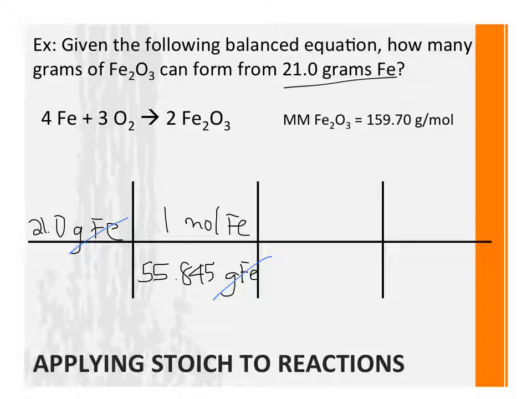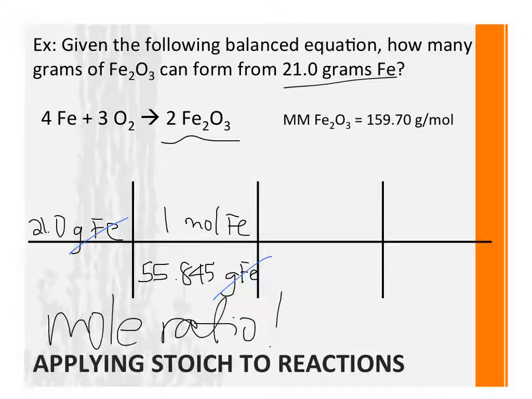I have to get first to moles of iron 3 oxide, which, what are we going to use? The mole ratio. So looking at our balanced equation, again, we have for every 4 moles of iron that we have, we'll have 2 moles of iron 3 oxide. So that will cancel out moles of iron. Now we need to get to grams of iron 3 oxide.